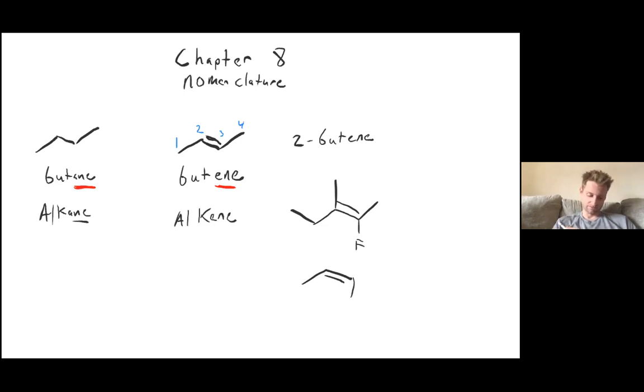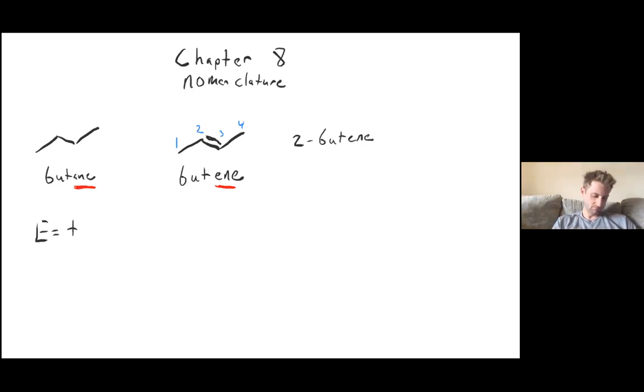I'm going to delete some of this. Easiest way to think about it is that E is going to be trans, and Z is going to be cis.